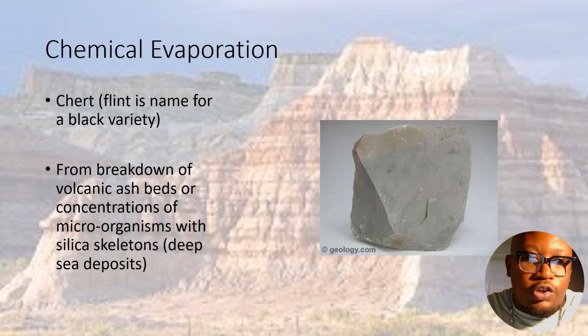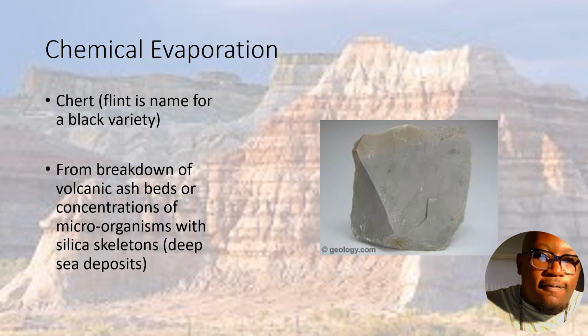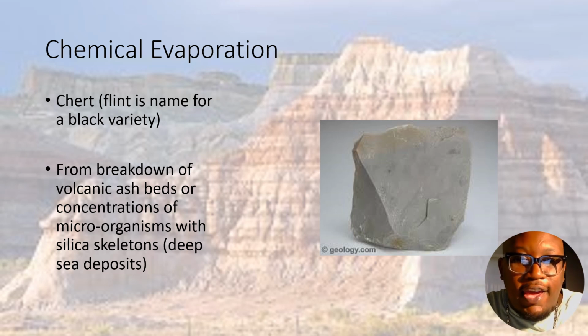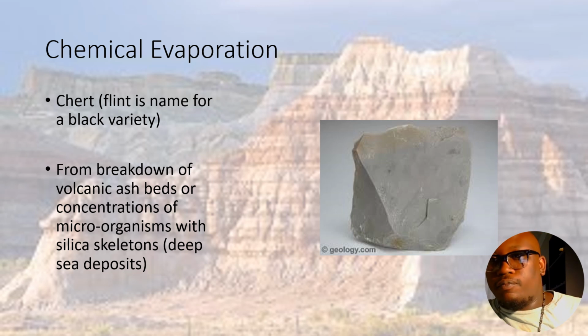Another name for chert is flint. That's the thing that you use to spark fires, but these can form from volcanic ash being concentrated or just microorganisms dying in a region. In paleontology, we learned about these creatures named radiolaria.